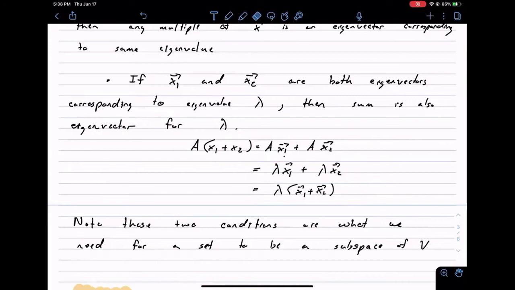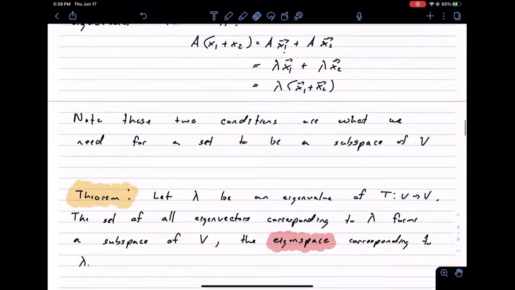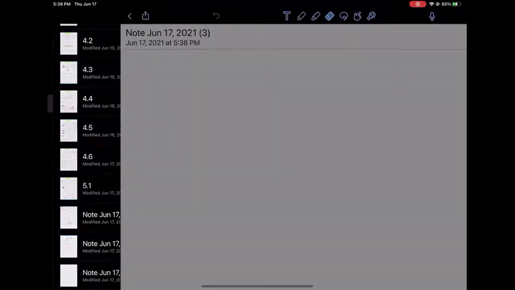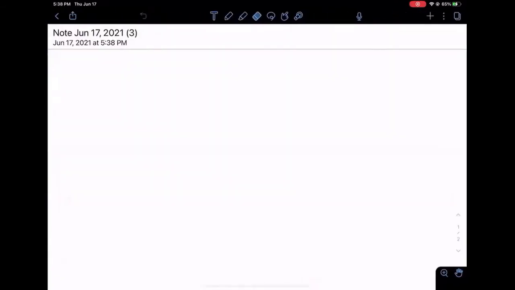And remember, those two conditions are all I need for a subspace, right? So our set, we could write it like this. Let's say B is the set of vectors in V such that A times x is equal to lambda x for that particular lambda.